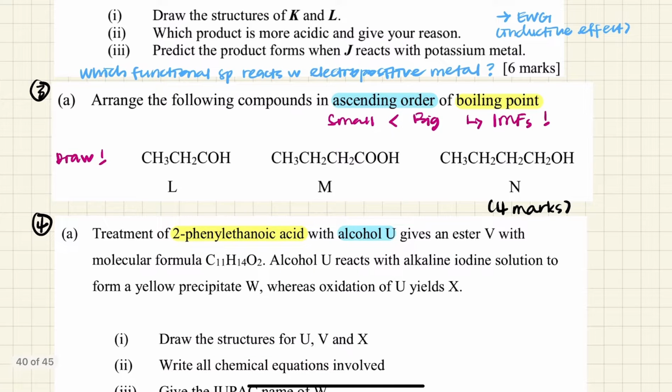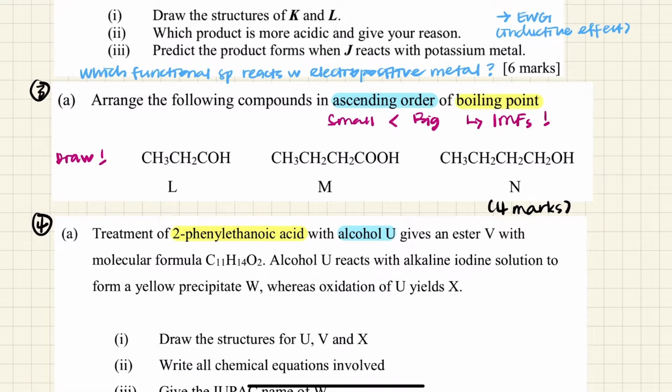Alright, next question is number 3. Arrange the following compounds in ascending order. Ascending order meaning from small to big. And your symbol, when you are writing down the sequence, should be like this, from small to big. This one is small, this one is big because this one is wider.